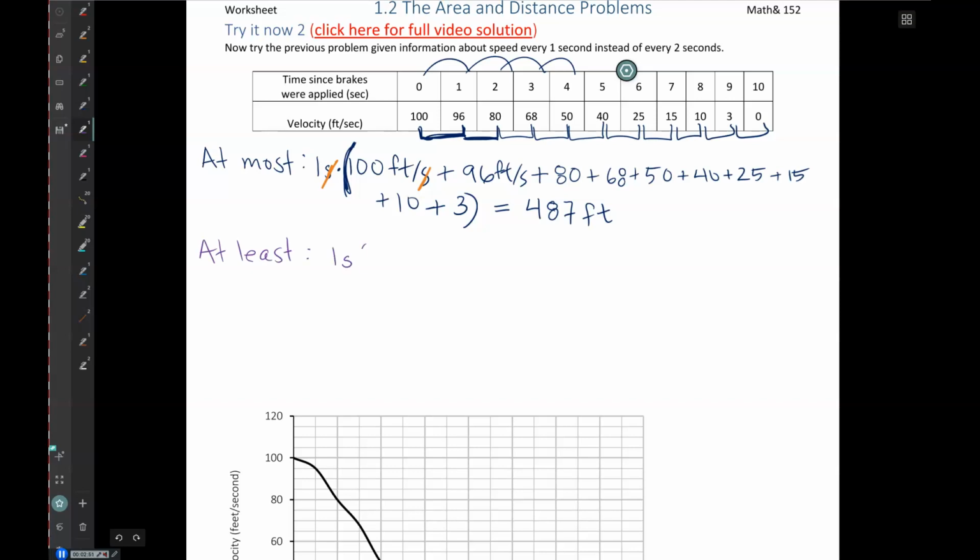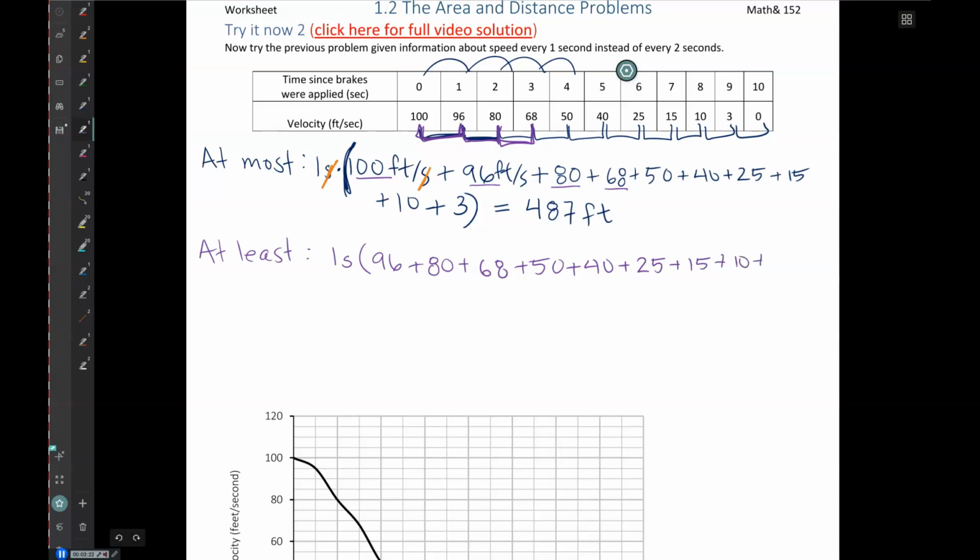and this will be very similar, but now when we go 0 to 1 seconds, we're going to take the 96, and 1 to 2, we're going to take the 80, and 2 to 3, we're going to take the 68, and if you notice, we skipped the 100, but otherwise there's the 96, the 80, the 68, so really, we're just going to take all the exact same numbers as last time, but we leave off the 100 at the beginning.